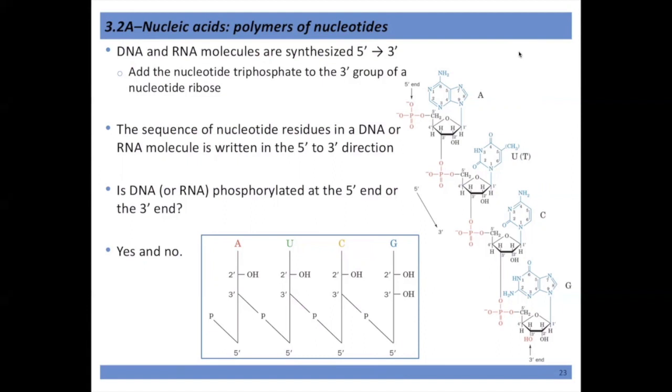And so that's why it's U. You could have a T there, like it's showing, but then it would have to lack that 2' hydroxyl group. Now you can see that there are lots of groups here, and you can actually imagine that this is kind of cumbersome to draw, so they've come up with techniques to kind of make it a little bit easier to understand what's going on.